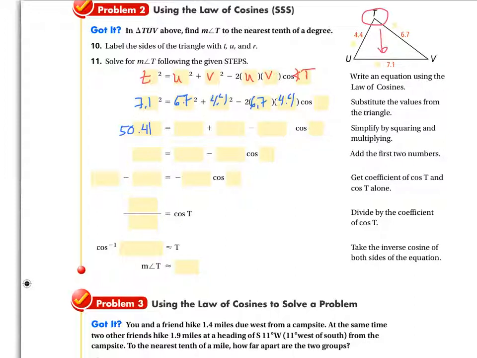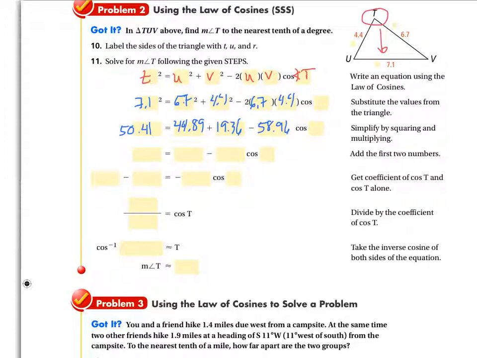And 6.7 squared is 44.89. And 4.4 squared is 19.36. And then 2 times 6.7 times 4.4 is 58.96. I have not rounded yet.